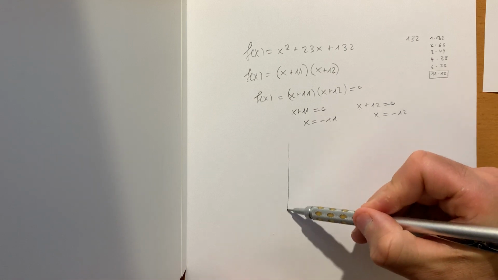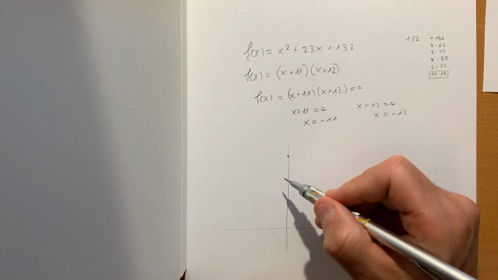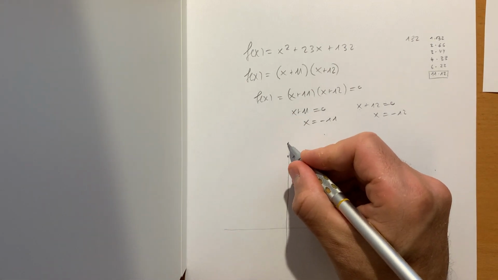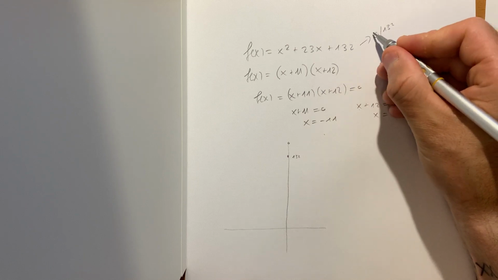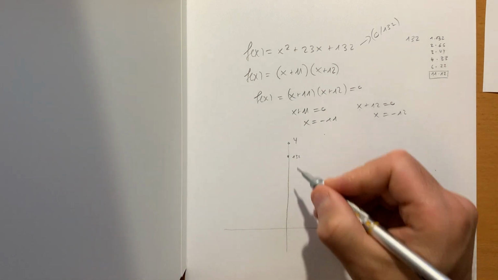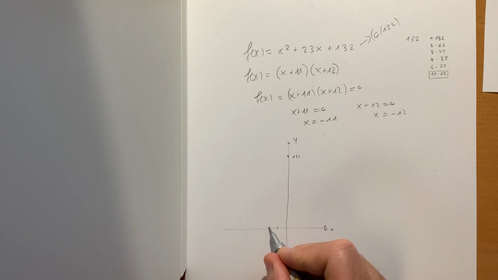So 132 would probably be very high up, and then let's say this is 0, 132, then x-axis, y-axis, and let's say this is minus 11, this is minus 12.